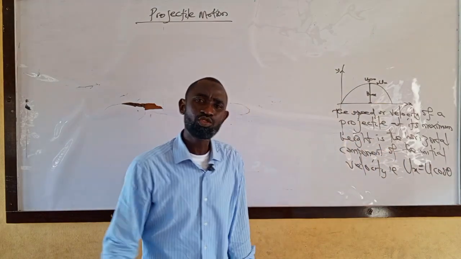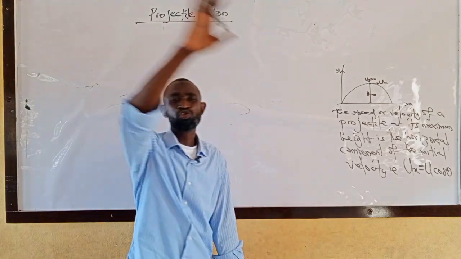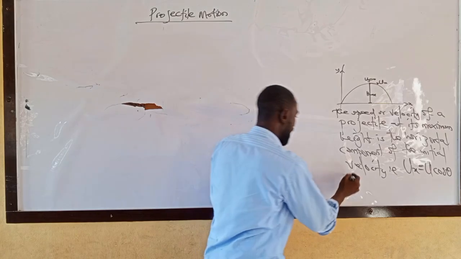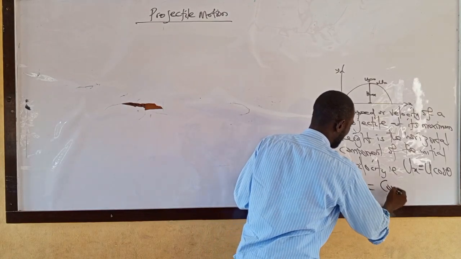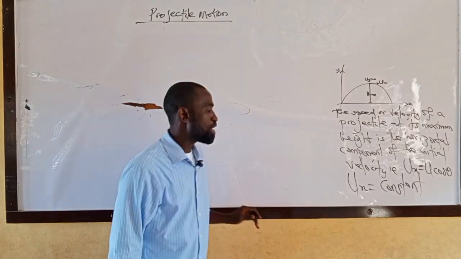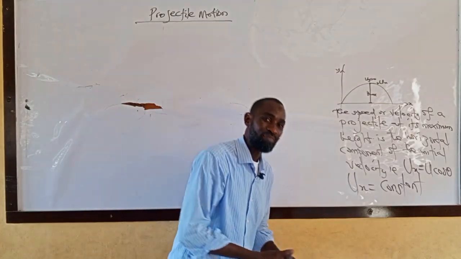This U of X is constant throughout the entire motion of a projectile. Note again, U of X is constant throughout the entire motion. But our U of Y will change based on time.